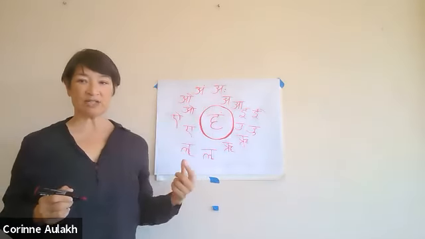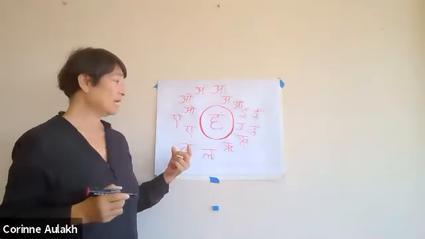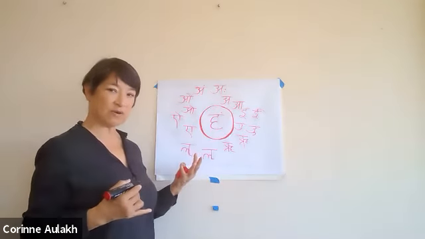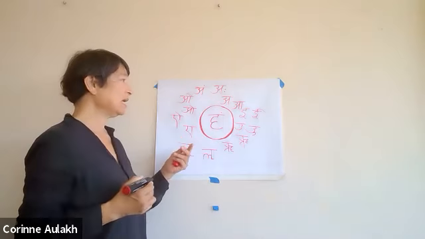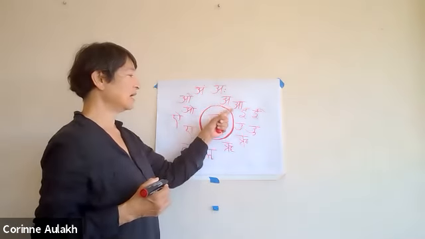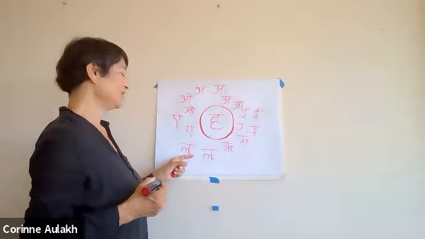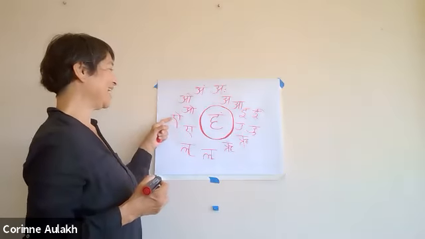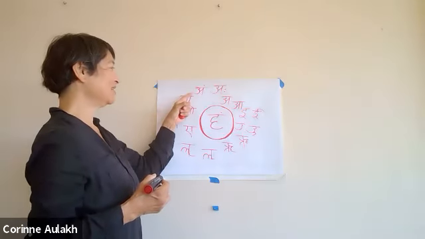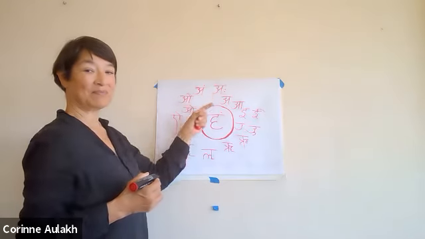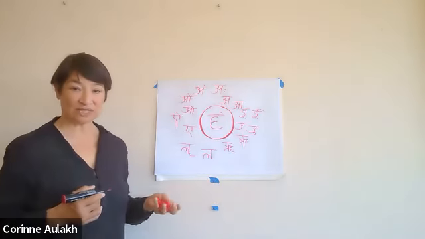So when I'm doing a meditation on the Vishuddhi chakra, a lot of times I like to start with hum and just feel that vibration running through my body. And then I'll say aha. So this is the Vishuddhi chakra.